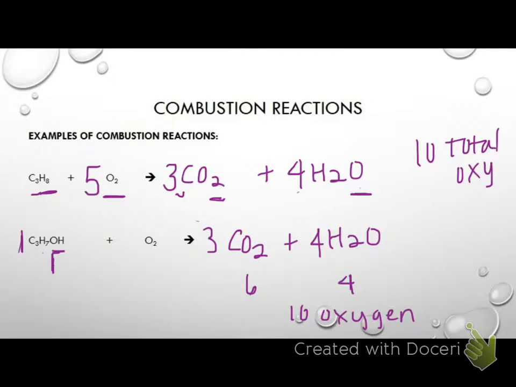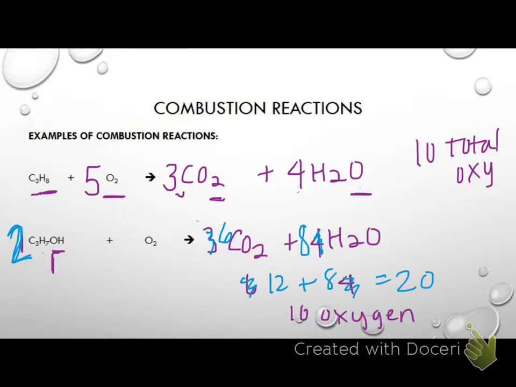So anytime I see that it's not going to work with 1, then I'm going to bump it up, and I'm going to change colors here so you can kind of see. I'm going to say, okay, that's not going to work, so I'm going to put a 2 here. And then when I do a 2 here, that means I'm going to need a 6 here now, and I'm going to need an 8 here now. So now I'm going to do my new count of oxygen, and I see that 6 times 2 is 12, plus 8 is 20, okay?